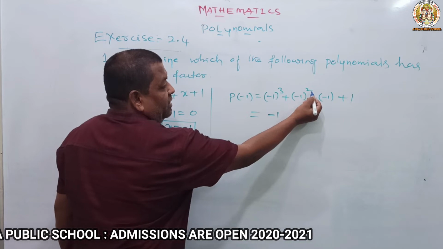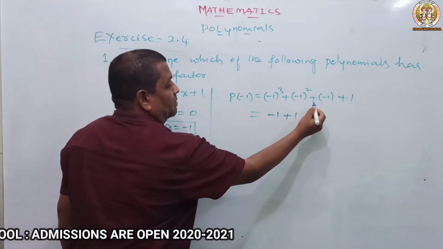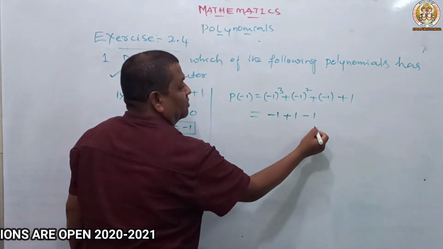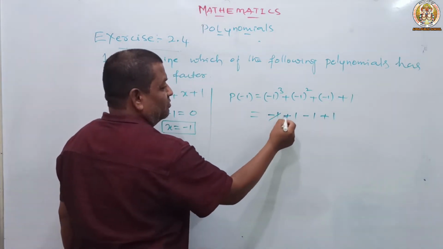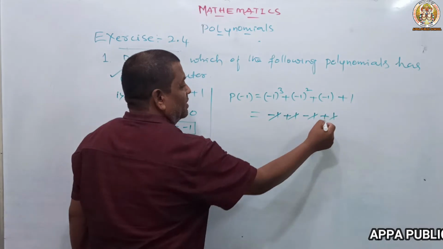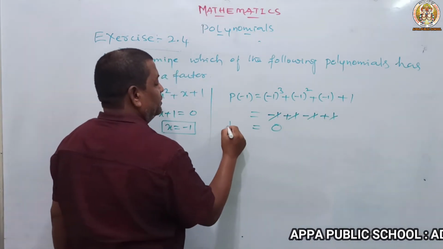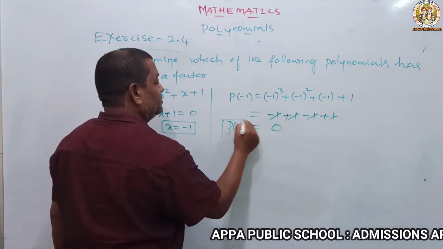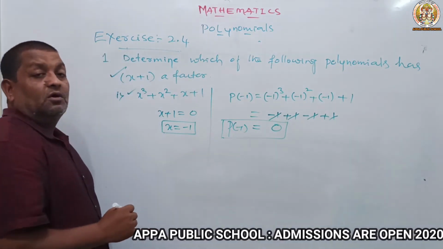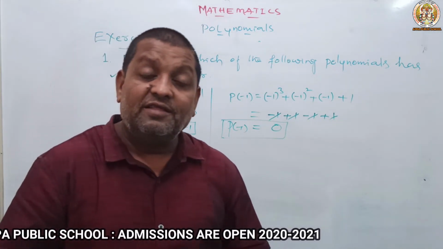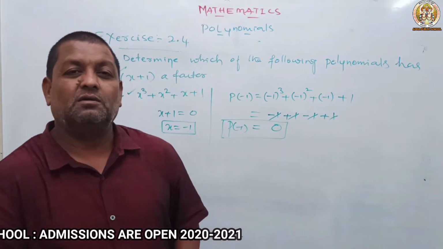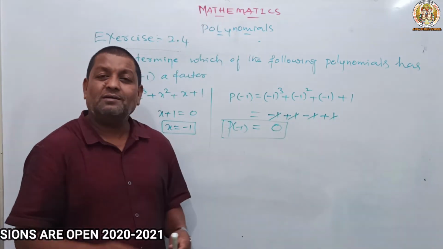Negative to the power of even, plus 1. Plus into minus, minus 1, plus 1. You observe, minus 1, plus 1, minus 1, plus 1. So we got 0. Here I have not cancelled; they subtracted each other and that is shown by cancel.